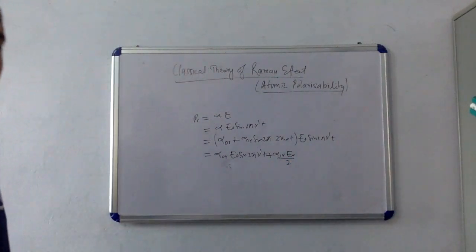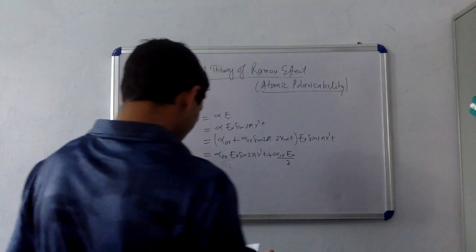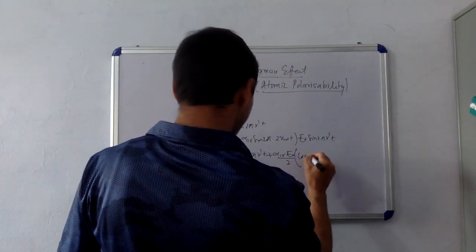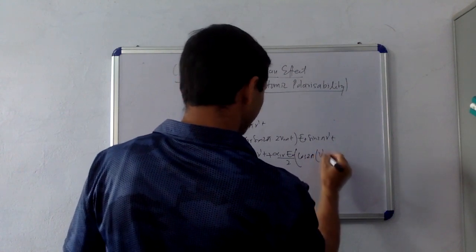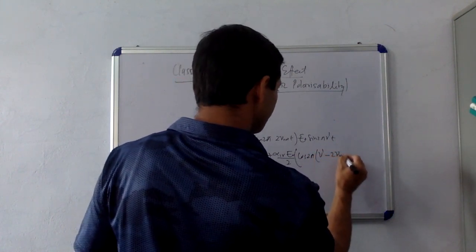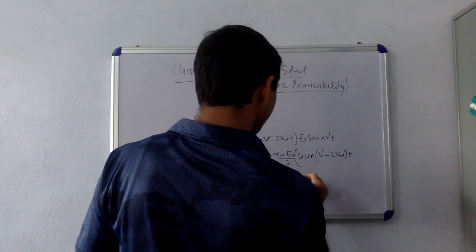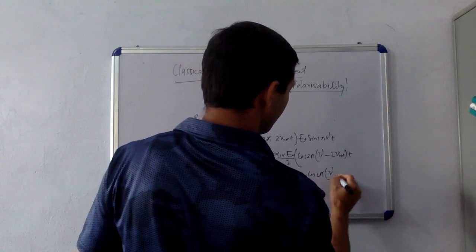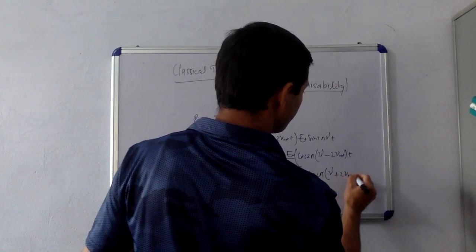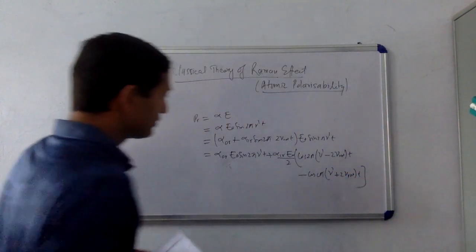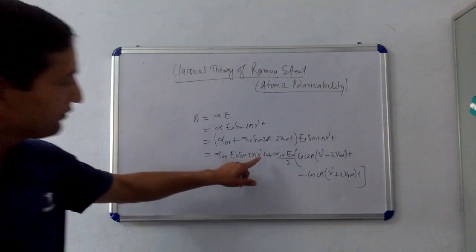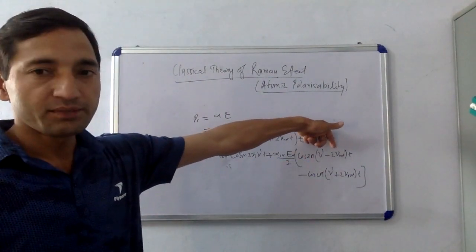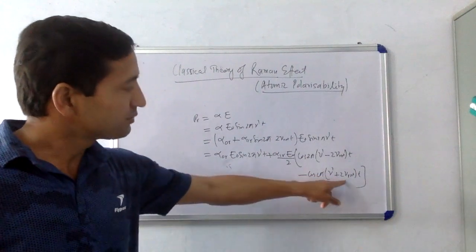Again you are using the relation for sine A and sine B, and simply you have cos 2 pi of (nu prime minus 2 nu rotational) t minus cos 2 pi of (nu prime plus 2 nu rotational) t. So we have nu prime frequency in our output, nu prime minus 2 nu rotational frequency, and nu prime plus 2 nu rotational.